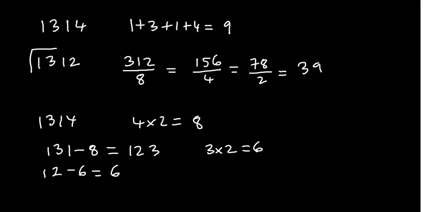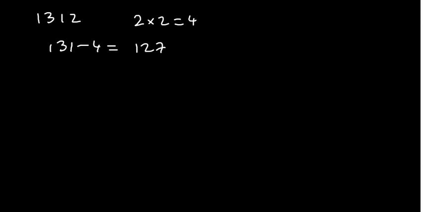Let's try checking this number. So 1312. So we double the units digit, so that gives 4, and then we subtract that from this number, so that would give 127, and then we simply do the same thing for this number to check if it's divisible by 7.